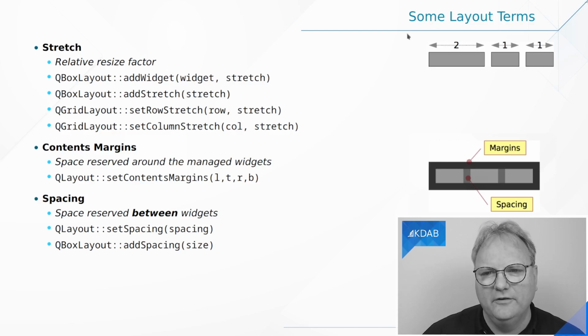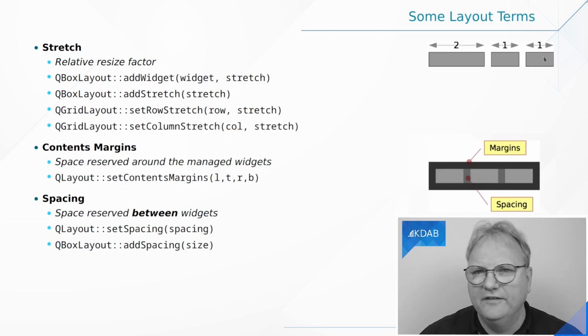But when you look up here, if I had three widgets next to each other and I said addWidget, this widget, comma 2, addWidget, this widget, comma 1, addWidget, this widget, comma 1, then this one would get 2 divided by 4 of the available space, this one would get 1 divided by 4, and this would get 1 divided by 4 of the available space.